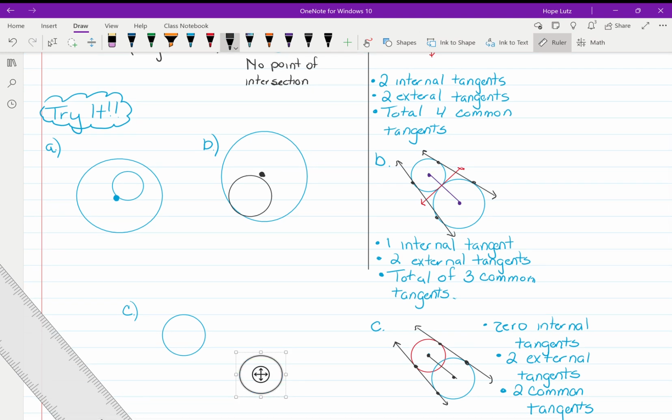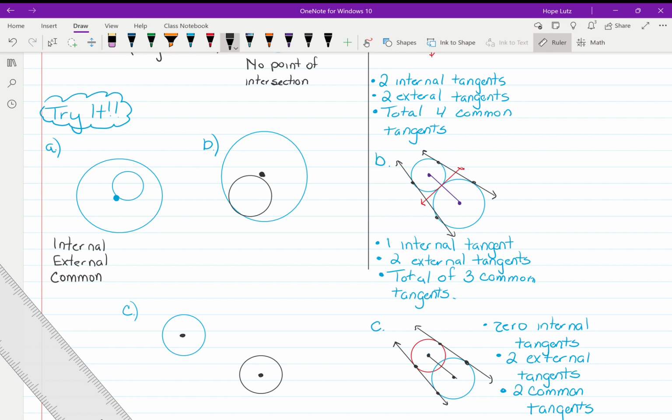All right, so on each of these, you're going to draw the lines and tell me how many internal, how many external, and how many common tangents.